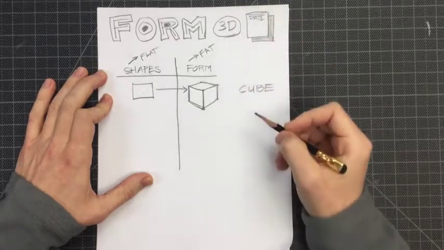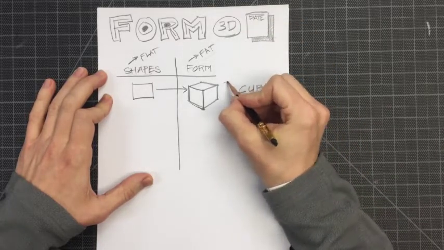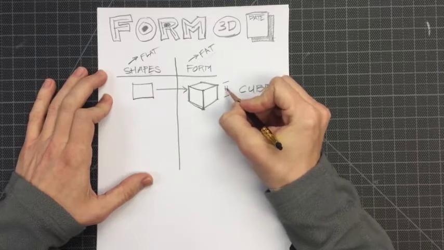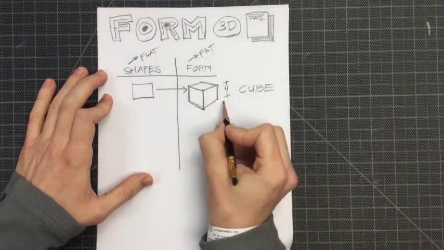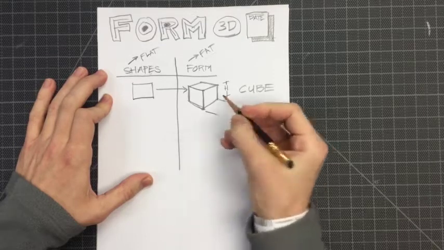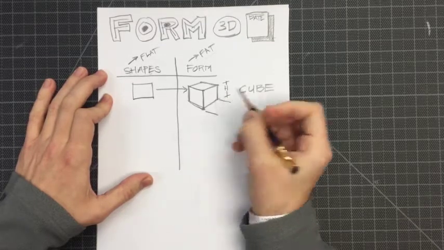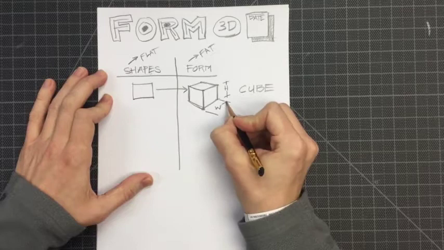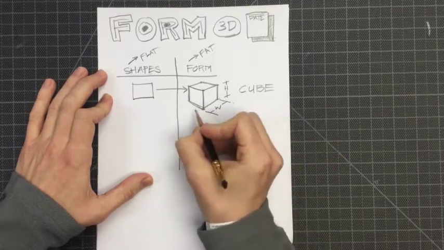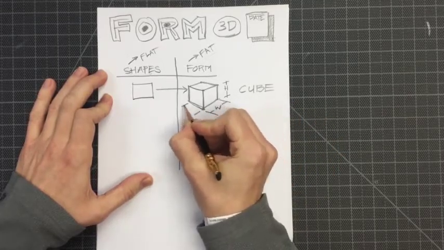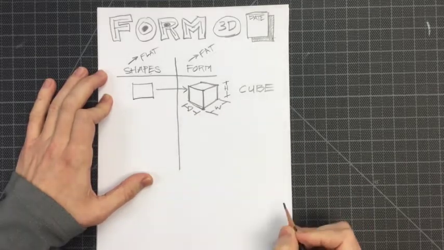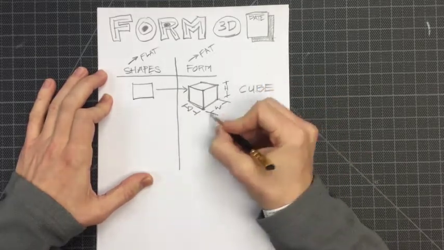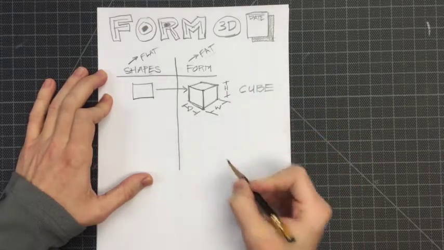Now 3D means it has height from the top to the bottom, and it has width. That's this direction here. It has width, but it also has depth with a D. Height, width, and depth.